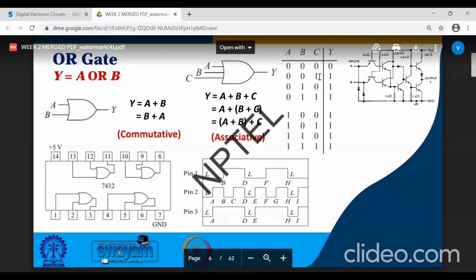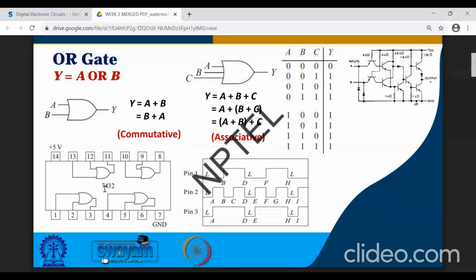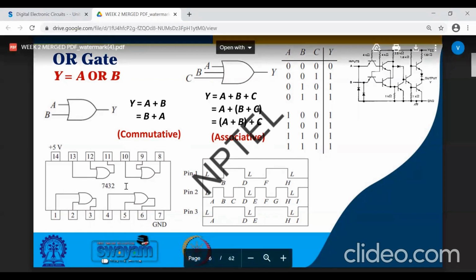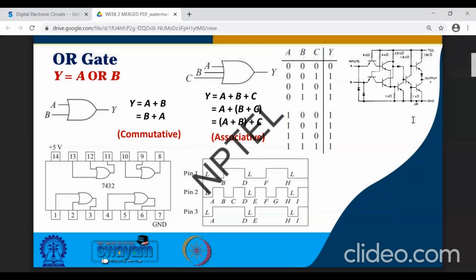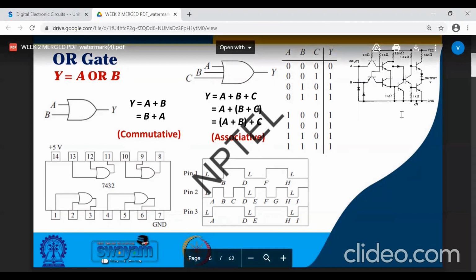If one of the inputs is at logic level 1, in that case, OR gate will produce output at logic level 1. IC 7432 can be used as OR gate. It has internally 4 OR gates. The timing diagram and TTL logic diagram of OR gate are shown here.